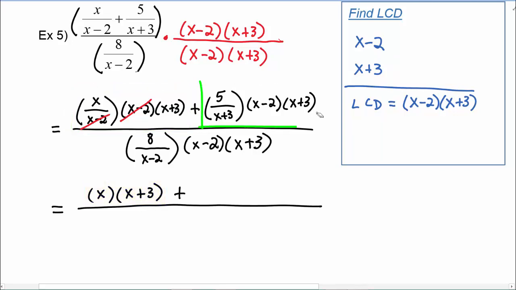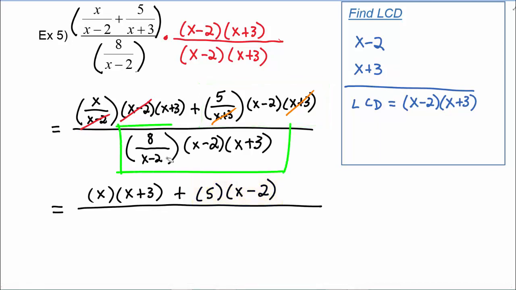In the second product, we're going to be able to cancel x plus 3 and x plus 3, and we will have left 5 times x minus 2. In the denominator, the x minus 2 will cancel with the x minus 2, and we will have left 8 times x plus 3.